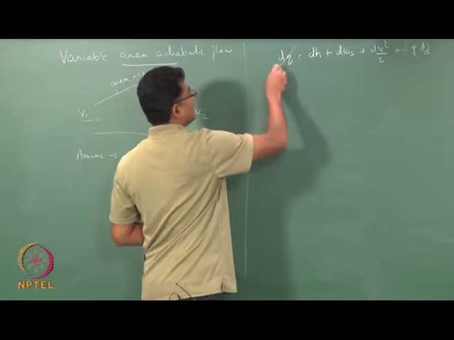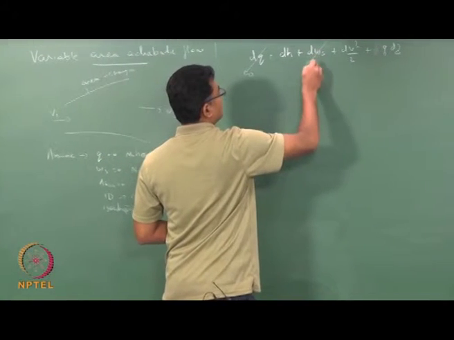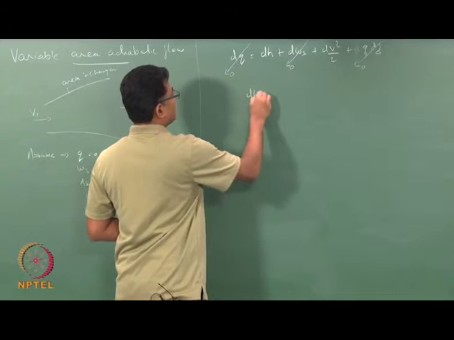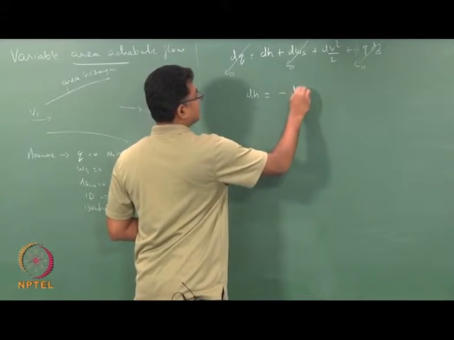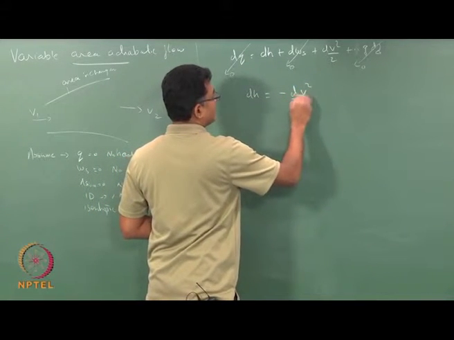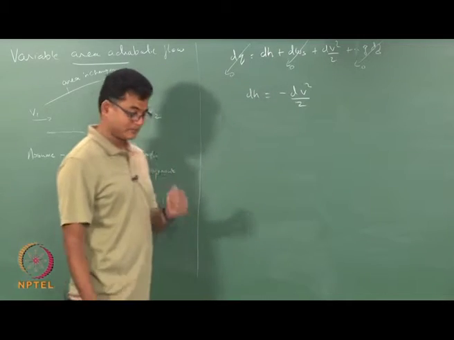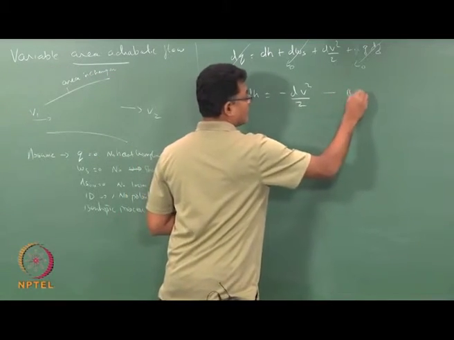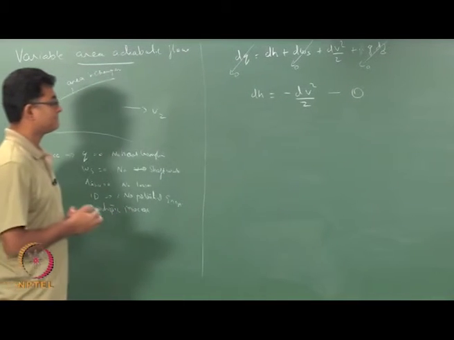So, my heat transfer is 0, shaft work is 0, potential energy is 0. So, I am left with dh equals minus d(v square by 2). That is my equation 1.